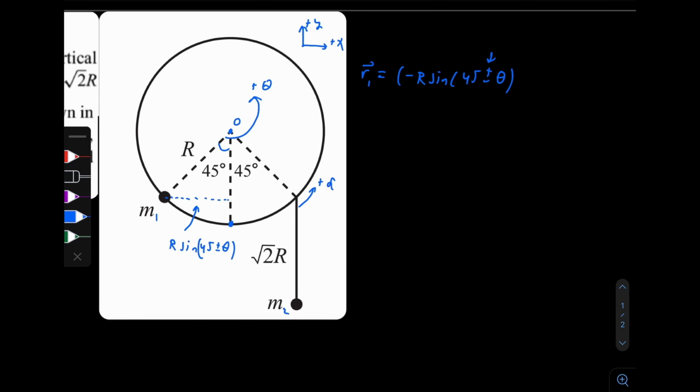Sine of 90 degrees is 1, so that gives us negative r, which we don't want. Remember, it's supposed to be 0. But if we do minus, then we have 45 minus 45, which is 0. Sine of 0 is 0. Boom. That's it.